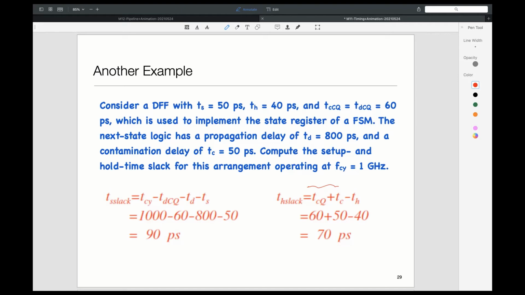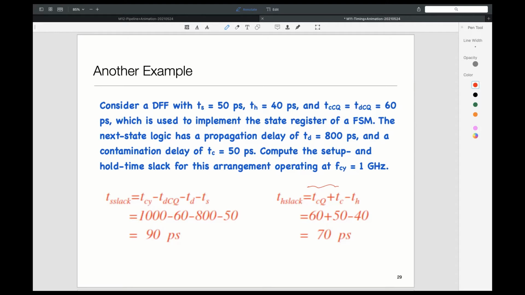If I got my estimates wrong and the contamination delay and flip-flop delays were smaller, I'll still be okay as long as that margin is still met. So usually when you are designing these systems, you're going to leave these margins, because it's very hard to estimate.